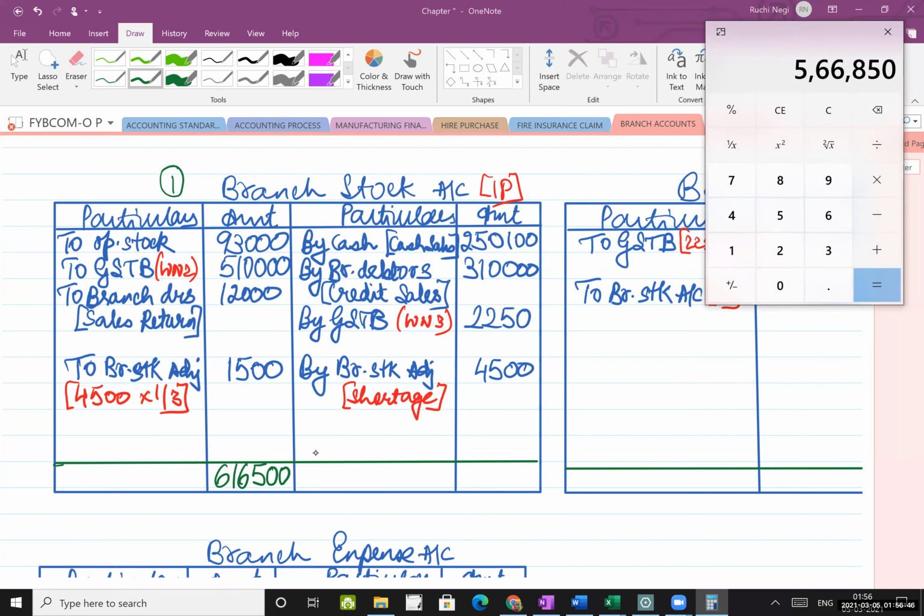So 5 lakh 66,850. So this side is less. So 6 lakh 16,500 minus 5 lakh 66,850, my answer is 49,650.